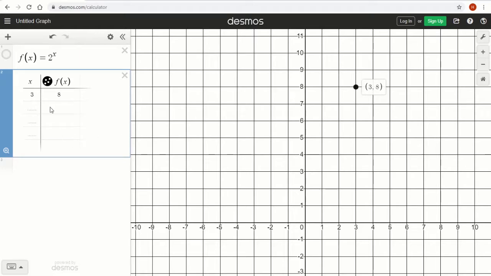That is how convenient Desmos can be in quickly generating a table of values. However, to make sure students viewing this video understand where this value comes from, allow me to quickly show the actual calculation on the TI-83 and 84 calculators for a few input values.